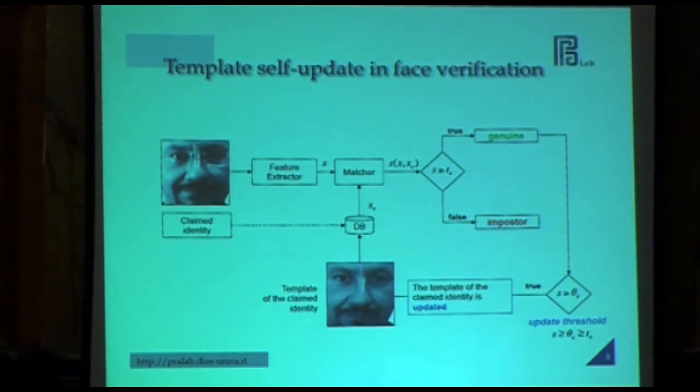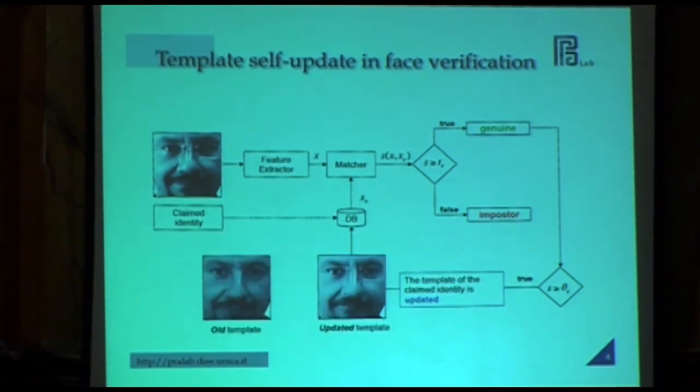Of course, you use a very conservative threshold because you want to be sure that you don't update the template using an impostor. This is the basic mechanism called template self-update.